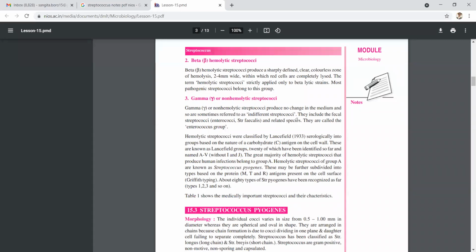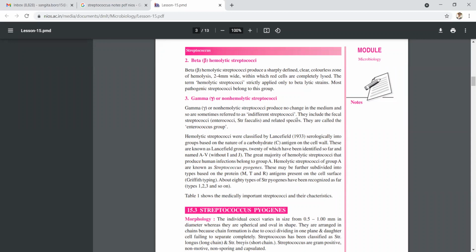They include the fecal streptococci, known as enterococci or Streptococcus faecalis, and related species. They are called the enterococcus group because most of the time they are present in the intestine and are released along with the fecal matter.